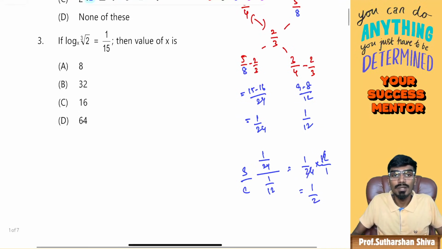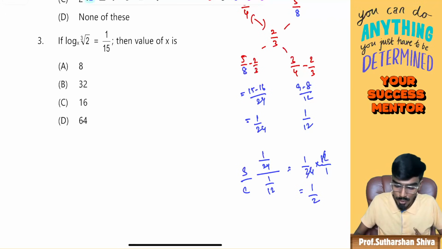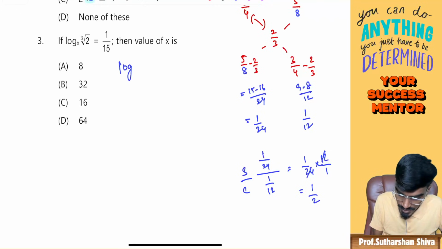Now come to question number 3. If log of cube root of 2 to the base x is equal to 1 by 15, how can I write this? As log 2 power 1 by 3 to the base x equal to 1 by 15.